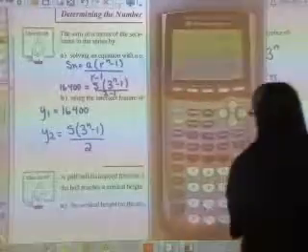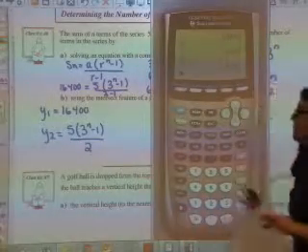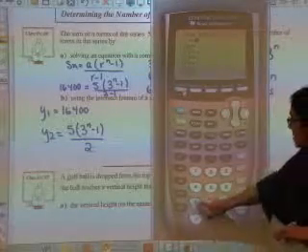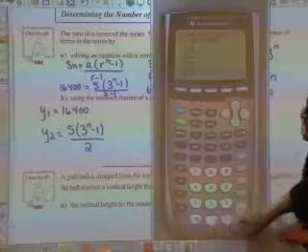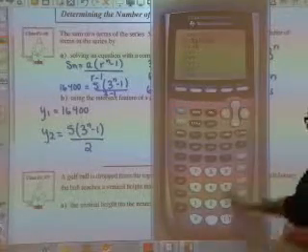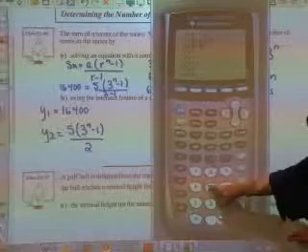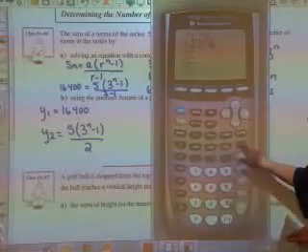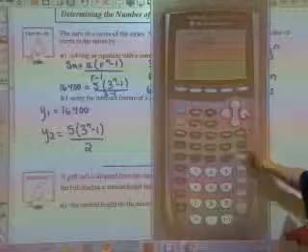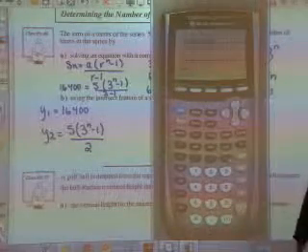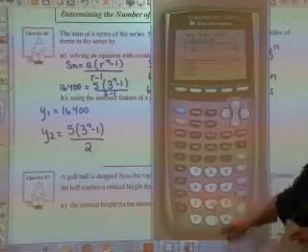This one takes a little bit of maneuvering because of my window settings. So I've got 16,400, and then to put this into my calculator, bracket, 5, bracket, 3 to the power of x minus 1, and then I would close the bracket twice, and then divide it by 2.